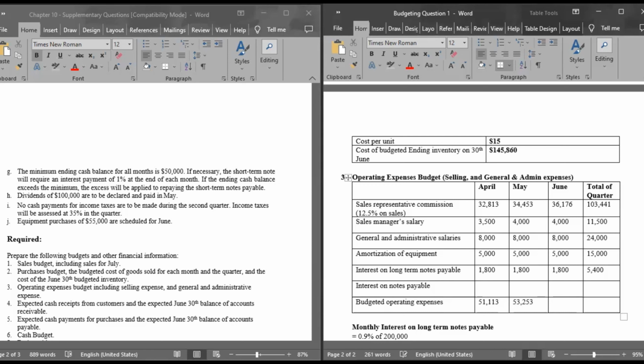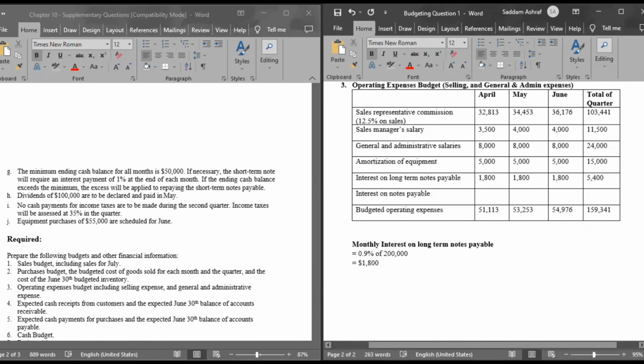Next, for June, 54,976. So just make a total for the quarter. 159,341. So this is the operating budget.